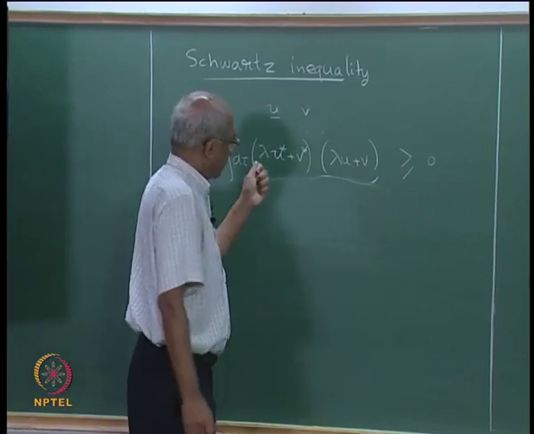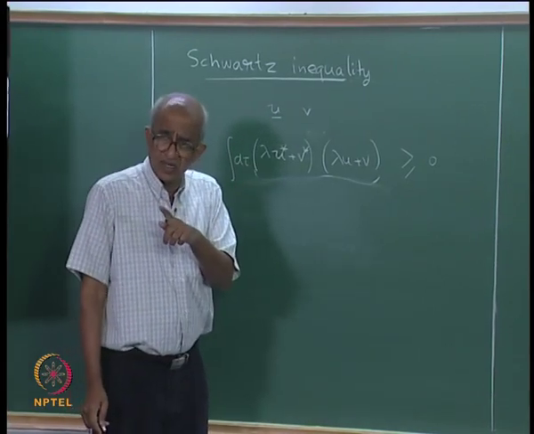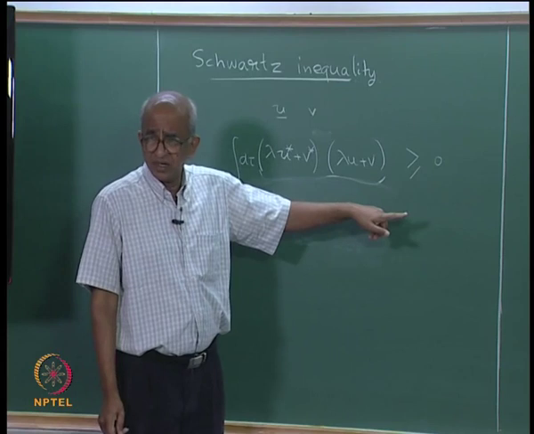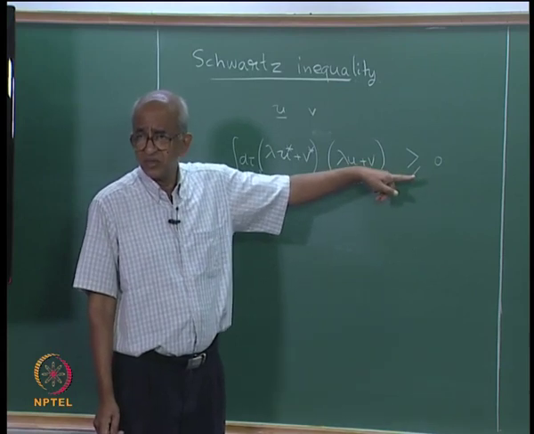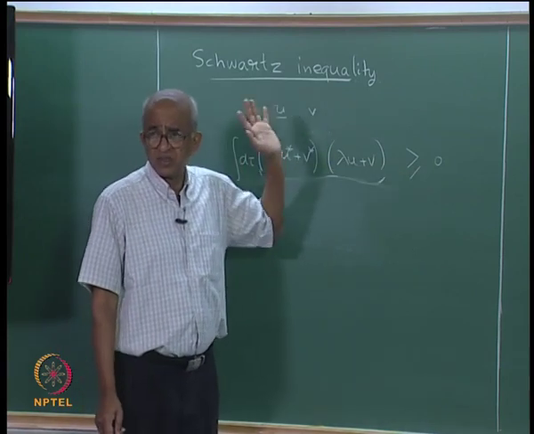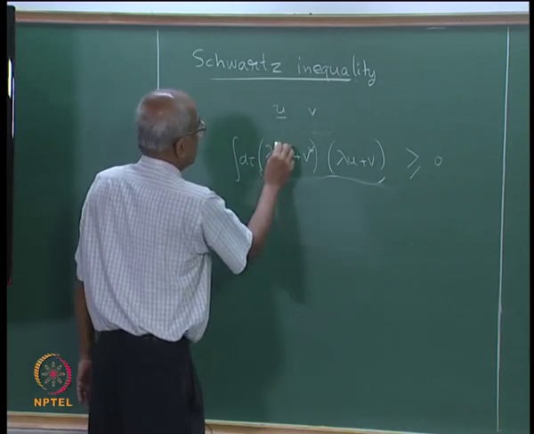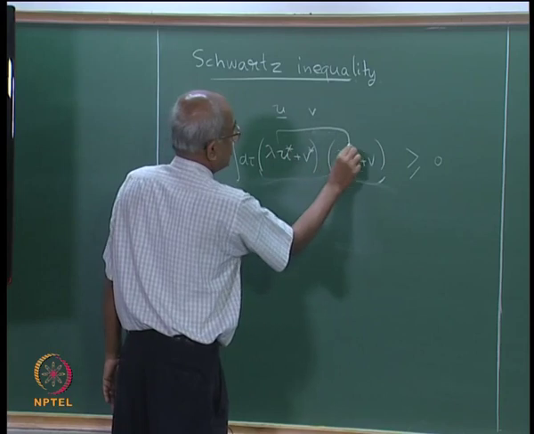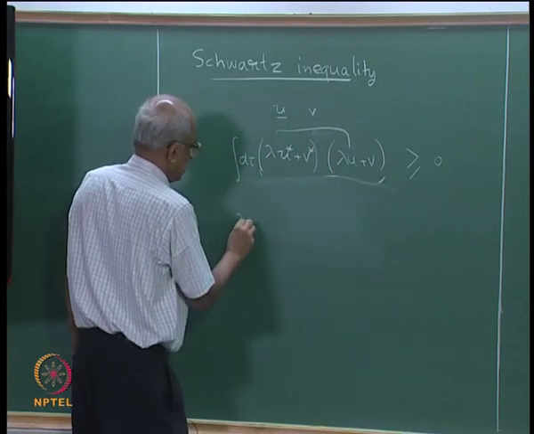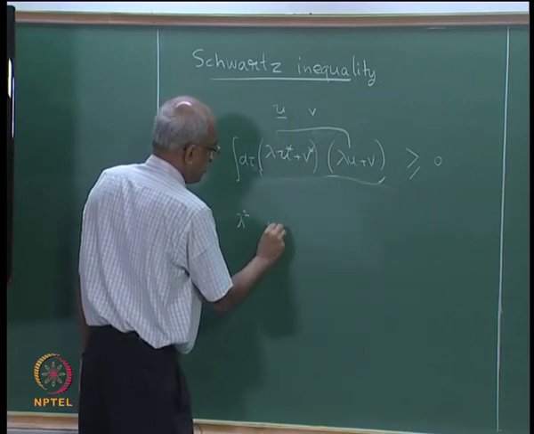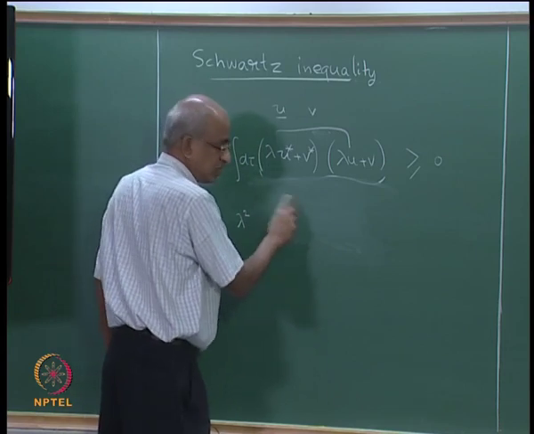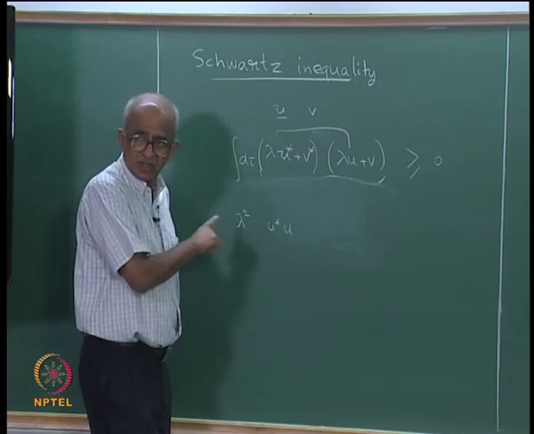But interestingly, whatever value you choose for lambda, the answer is guaranteed to be greater than or equal to 0, that is important. So, let us multiply this out. Well, if you multiply this out, you will have the product of these two, that is going to be lambda square u star u, that is one term, right.